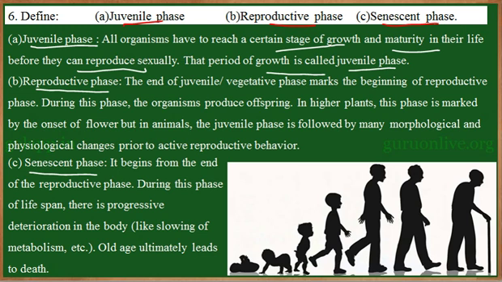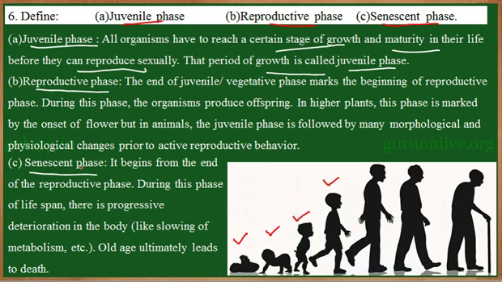During this growth period, all the internal organs develop, and after a certain stage, when all the organs are completely formed, it is called as maturity and they can reproduce sexually. Now this growth period is called as juvenile phase. Now all this growth period until the adult stage is called as juvenile phase.